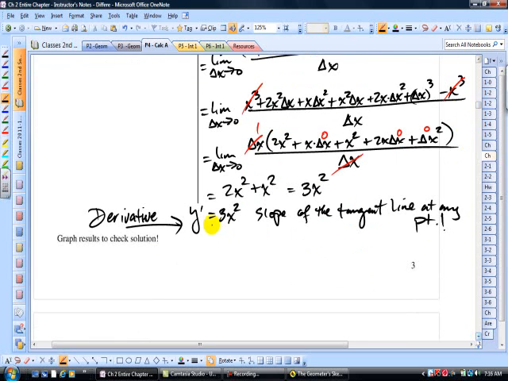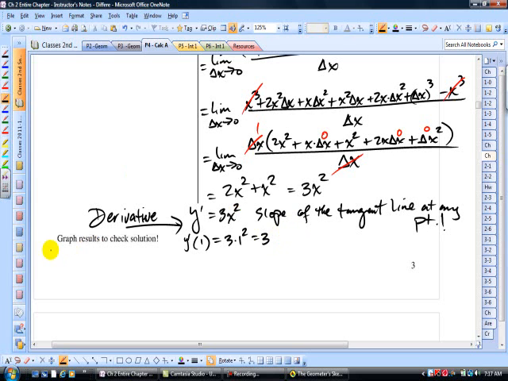Okay, so here we go. What I do is I take y prime, evaluate it at 1. And so that's 3 times 1 squared, or 3. And this is my slope of the tangent line at x equals 1, or 1, 1. And so what I need to do is use that to find the equation of the tangent line.